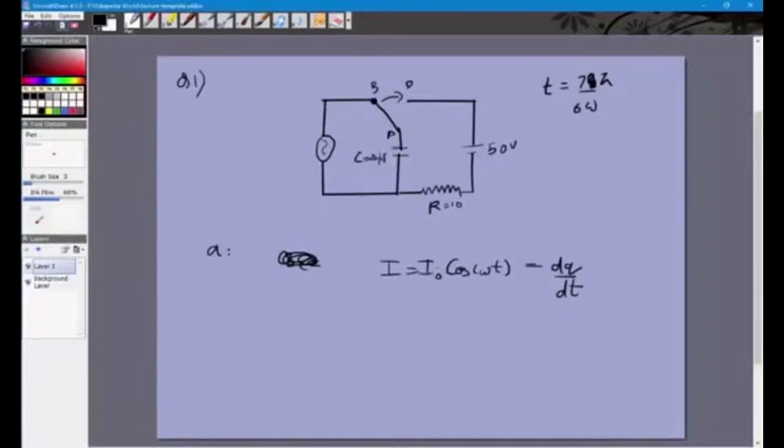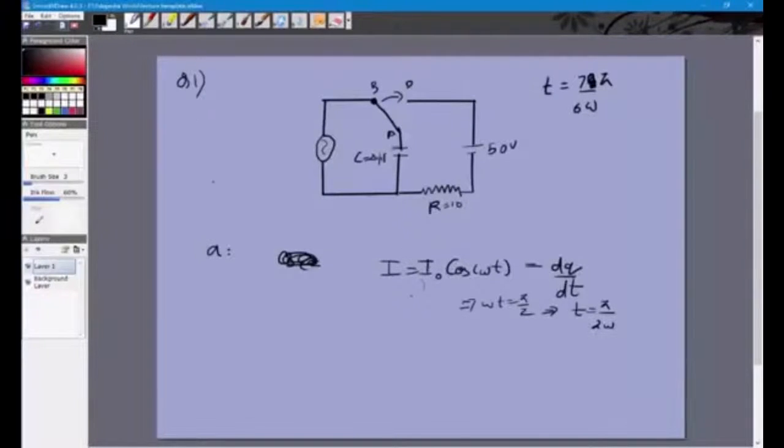When the charge is maximum, dq by dt will be 0. That means I naught cos omega t is 0, which means omega t is equal to pi by 2, so t is equal to pi by 2 omega. This is before 7 pi by 6 omega. So at t equal to pi by 2 omega the charge is maximum, and after that I will be in the negative direction, so the charge will decrease.